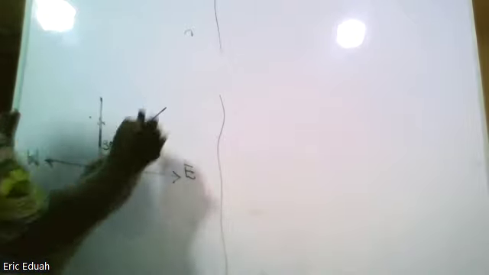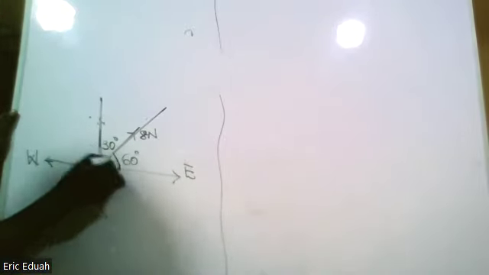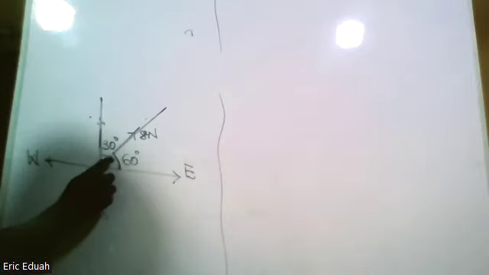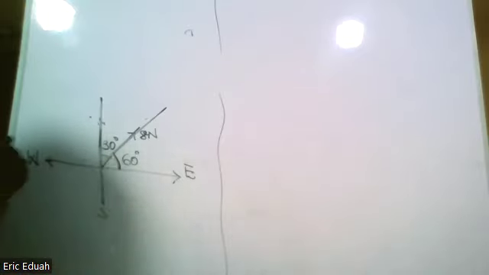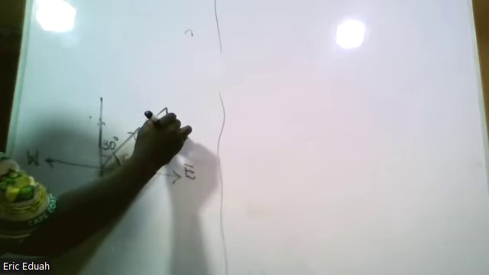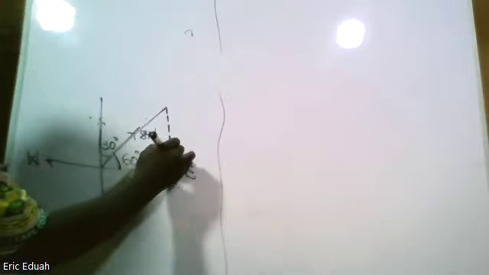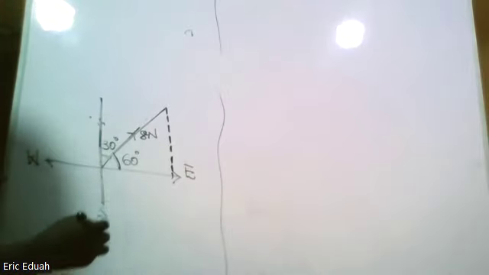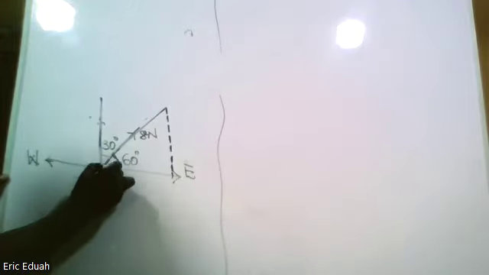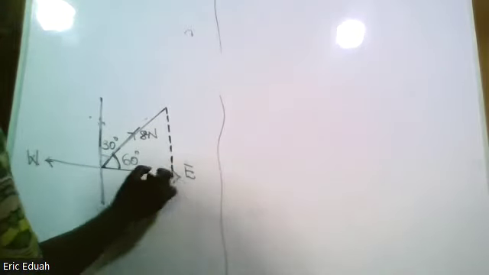Now, if you use 60 degrees, the side that is opposite to this angle would be this part. And the side that is adjacent to the angle is this side.